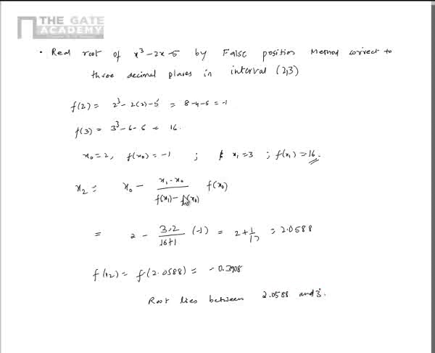So similarly you have to repeat for the next root. You have to just carry on the same process. So 2.0588 becomes your x naught and 3 becomes your x1.